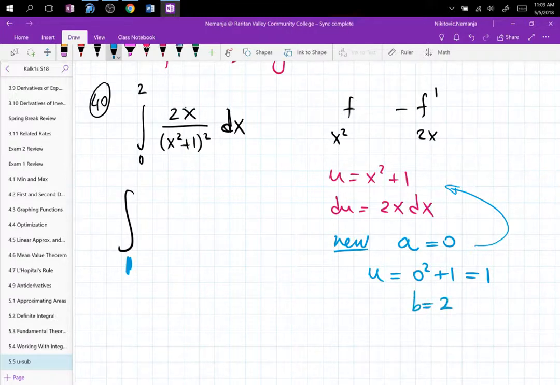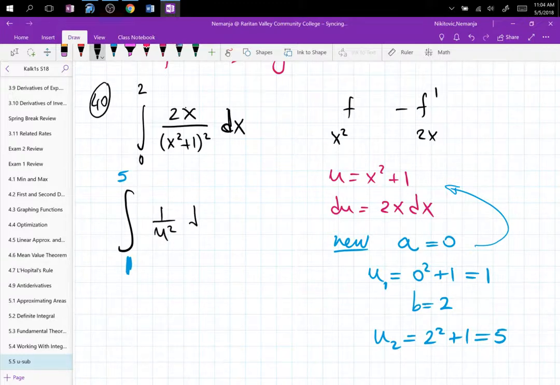Your b equals 2. So u2, which is the upper limit, is 2 squared plus 1, which is 5. And that's 5. We now see that we have 1 over u squared du.